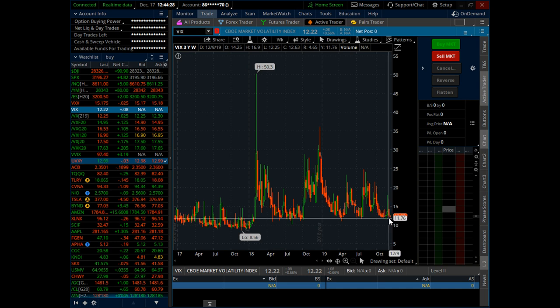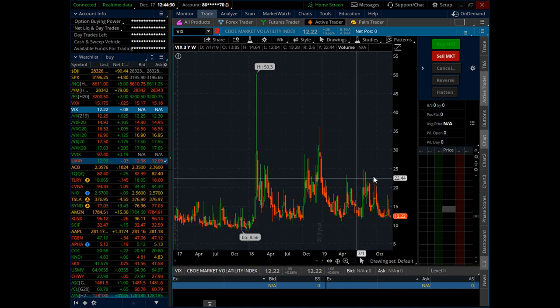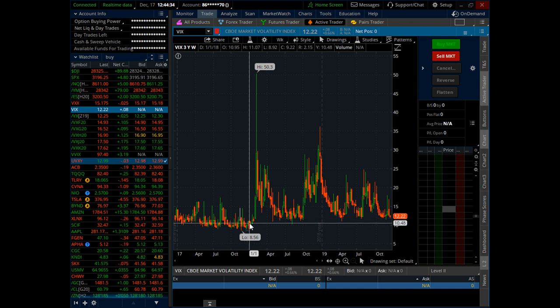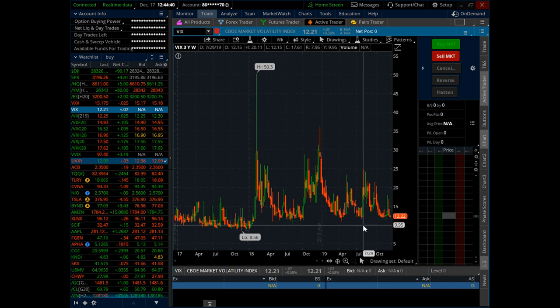And I think the fact that we aren't down at this area is evidence to the fact that people are not selling volatility with abandon. There's people out there buying this stuff, people out there who think that there's going to be a spike right around the corner, people out there who are looking forward to the election and thinking there's going to be volatility coming into the election.